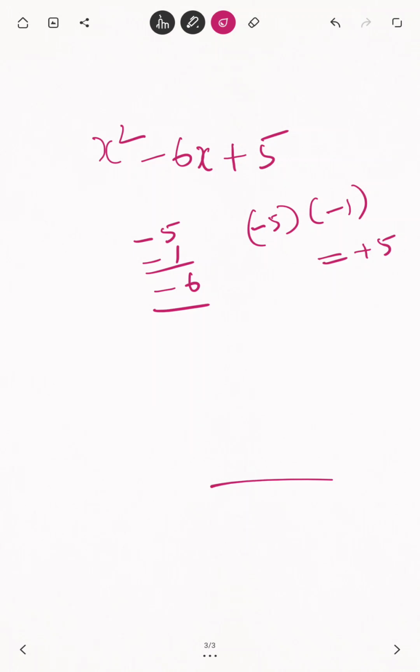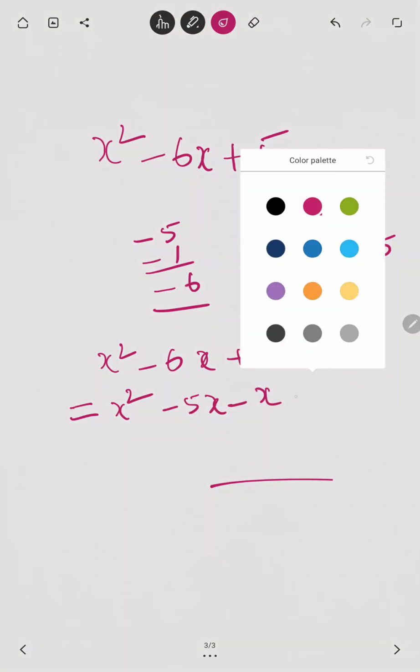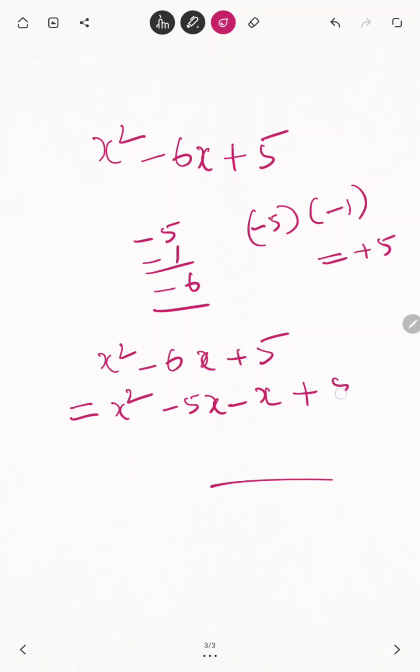Okay, now two conditions are satisfied. After that, what do you have to do? Listen: x square minus 6x plus 5. In the place of minus 6x, write minus 5x and minus x, then plus 5.